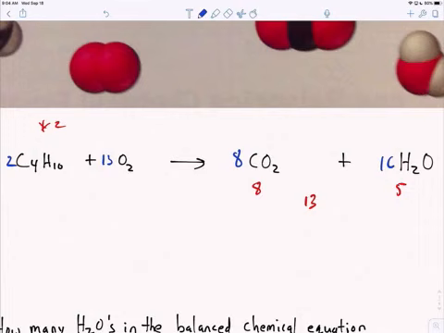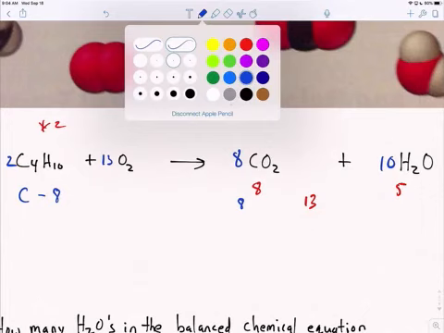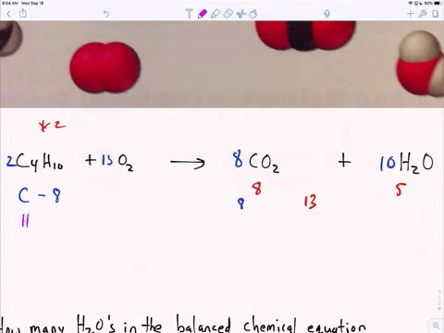8, and 10. Okay, so let's count the number of each element. I'll start off with carbon. So with carbon, we have 8 on the left and 8 in the CO2s. That's the only one. We have 8 on the right. I'll do pink for hydrogen.